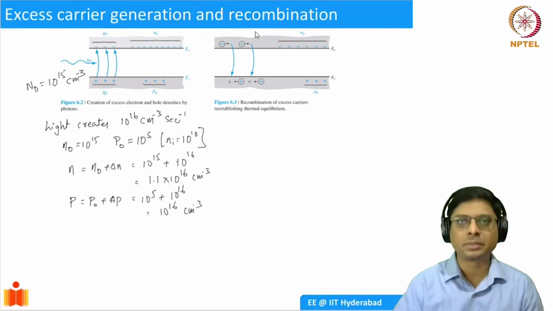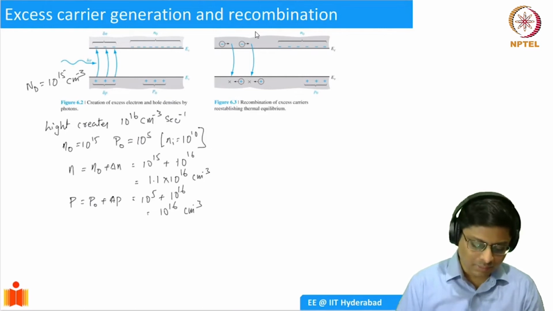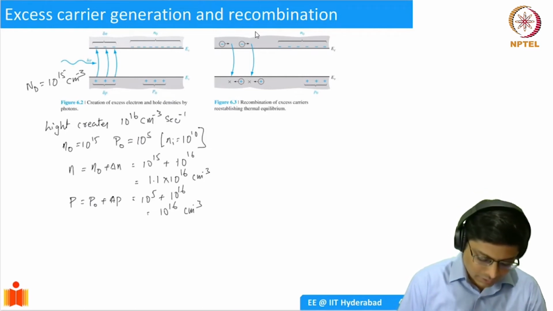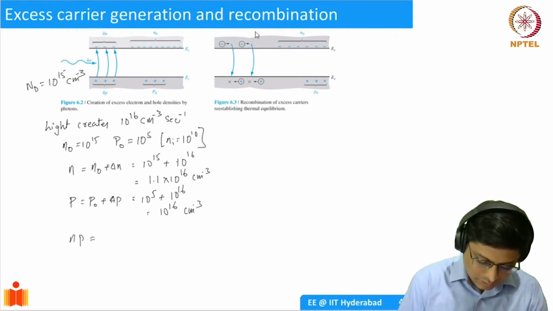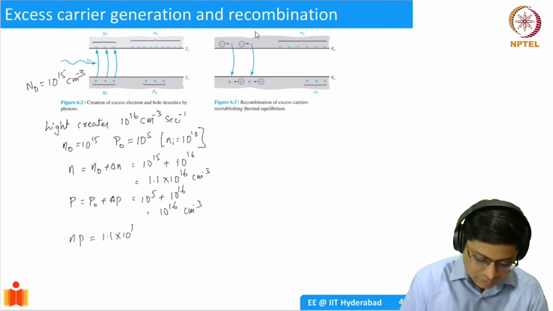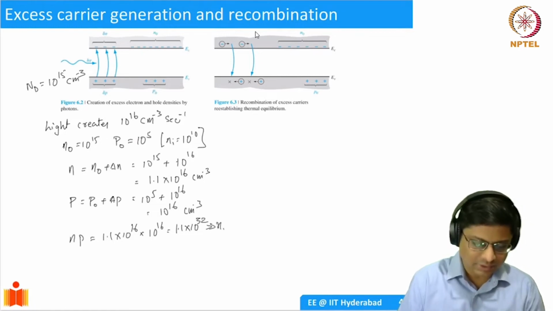Of course, this depends on the rate at which you're generating. But let's do the NP product. It is going to be 1.1 into 10 power 16 times 10 power 16, which turns out to be 1.1 into 10 power 32, which is much, much greater than Ni squared, right?